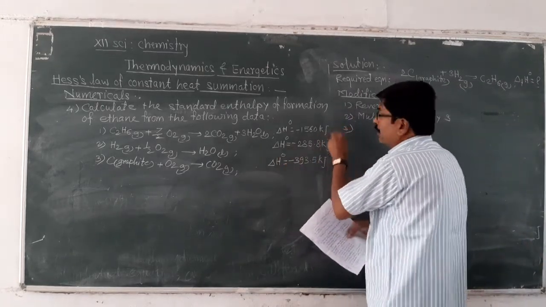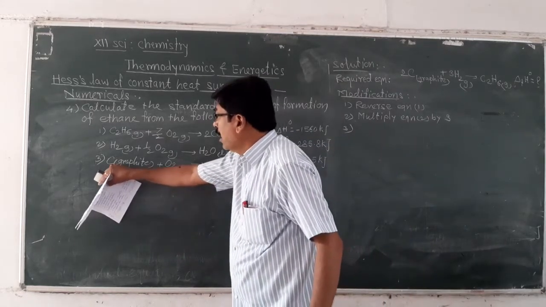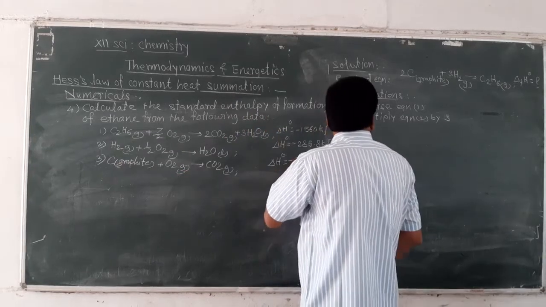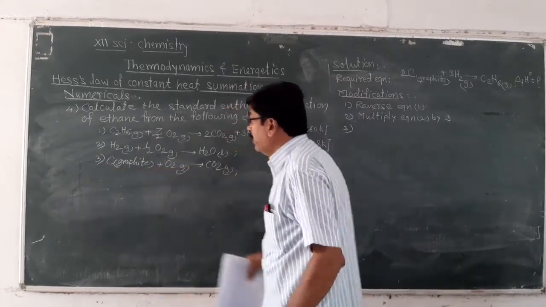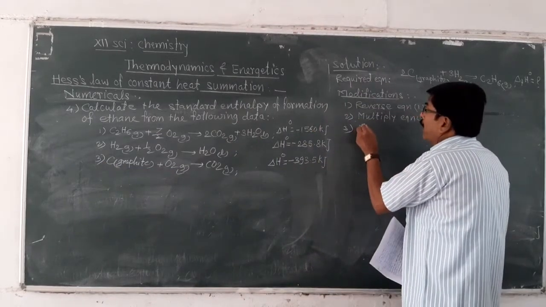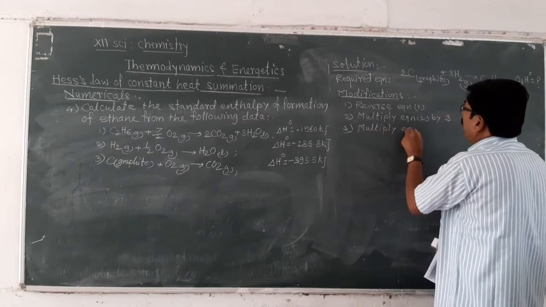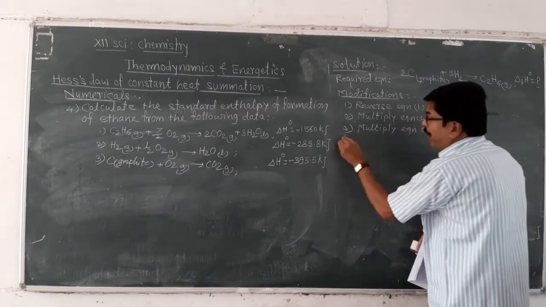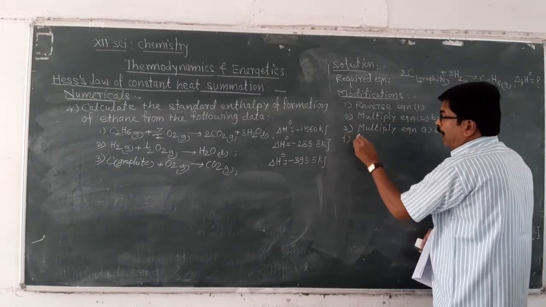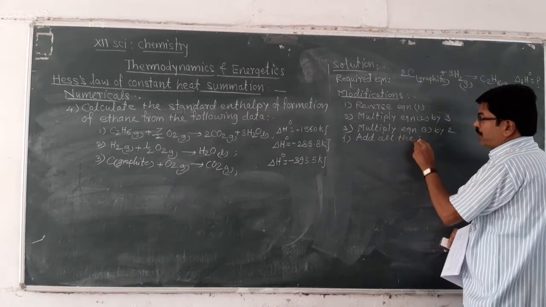Then third, here we want carbon 2 moles on the reactant side. Only 1 mole is present. Therefore, multiply equation 3 by 2, and finally add all the modified equations.